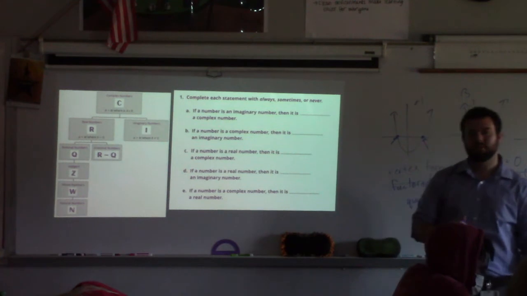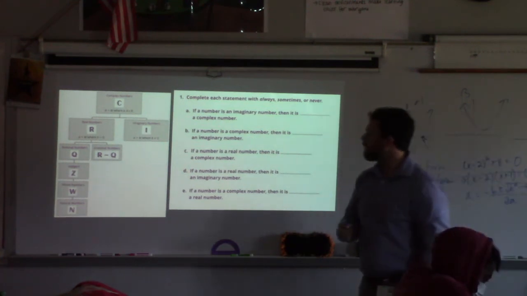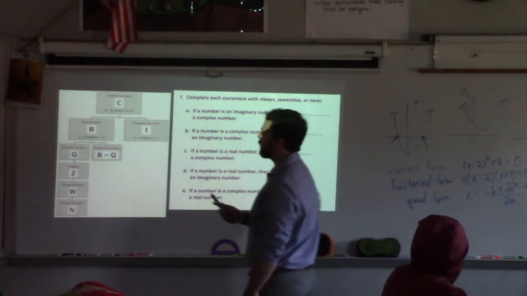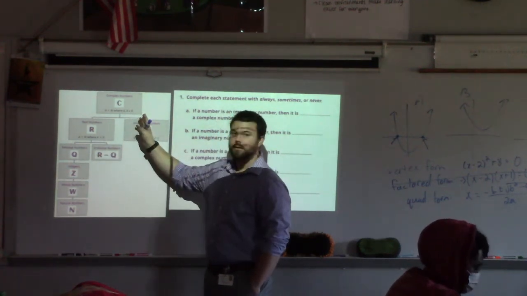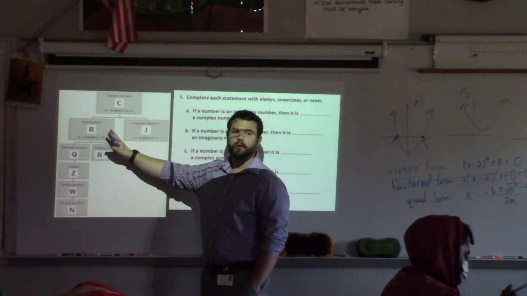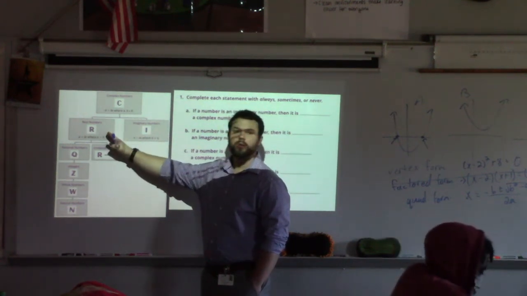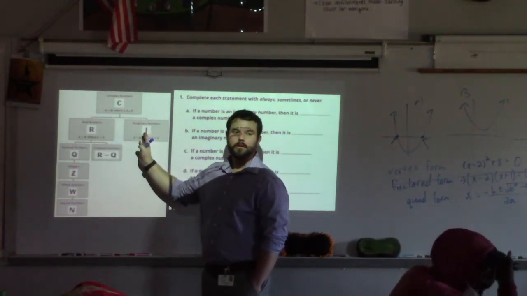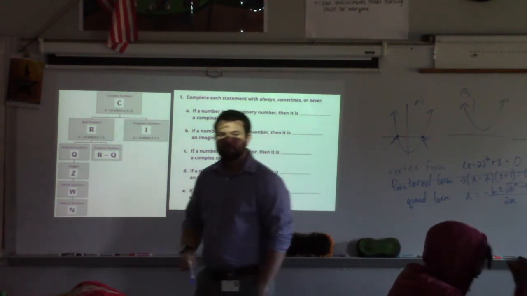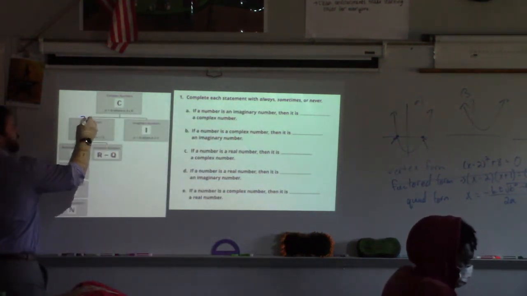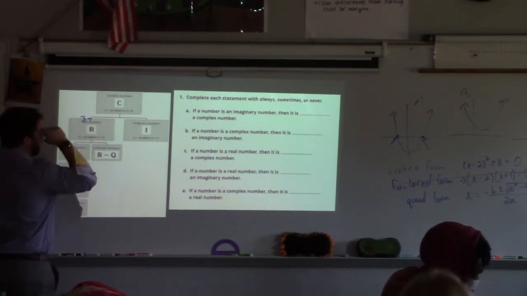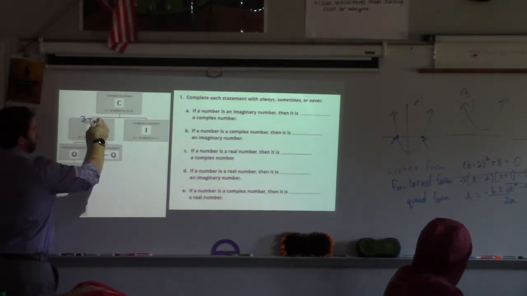So what was the top one? Well, the complex numbers, what did we write? Oh, we didn't write anything on that one. On the complex, remember, a complex number is any real number or any imaginary number, right? So a real number is going to be something like 3 plus 0i.